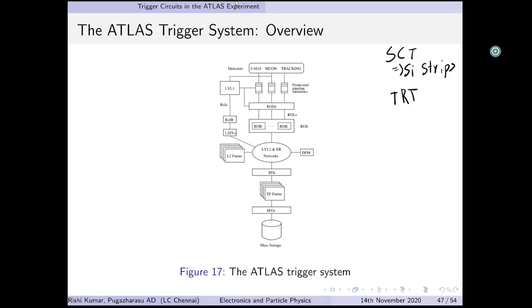So we just saw the calorimeter, and this is the muon system, and the muons use TGCs. What are these TGCs? These are called thin gap chambers in the end caps, and they also have something called a resistive plate chamber in the barrels, which are fast enough to be used in the level 1 triggers, as we see.